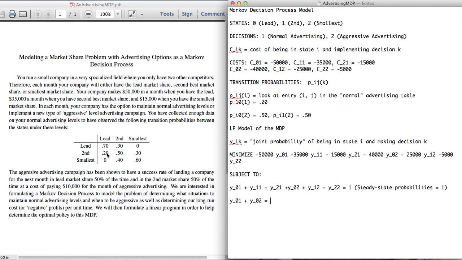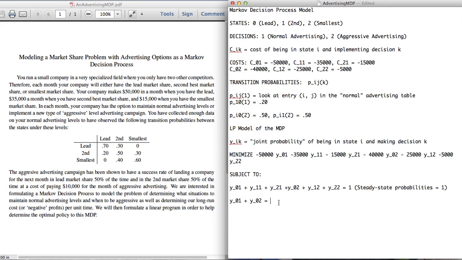So we look at transitioning into the lead market share, state 0. If I don't do anything, if I have my normal advertising, I can transition to the lead market share if I'm already in there with a probability of 0.70. And if I'm in the second market share, so in state 1, I can transition to the lead market share with a probability of 0.2 as well.